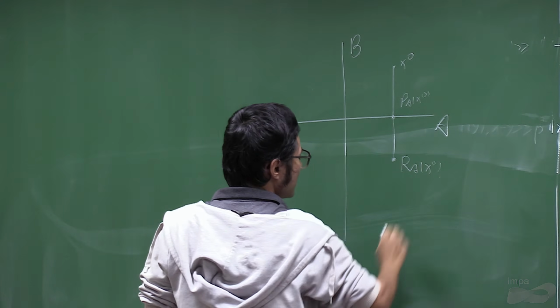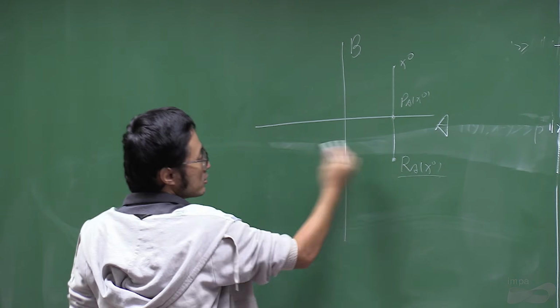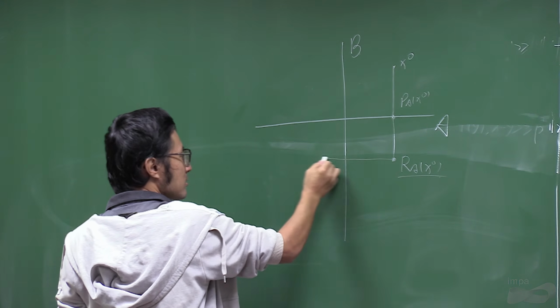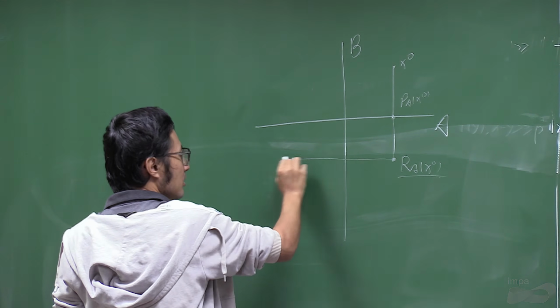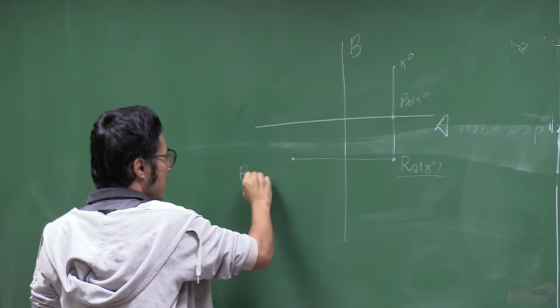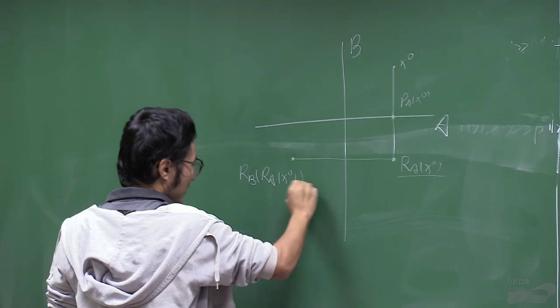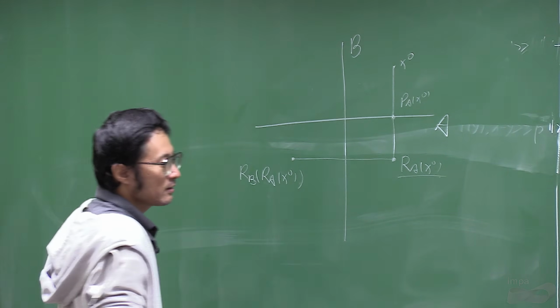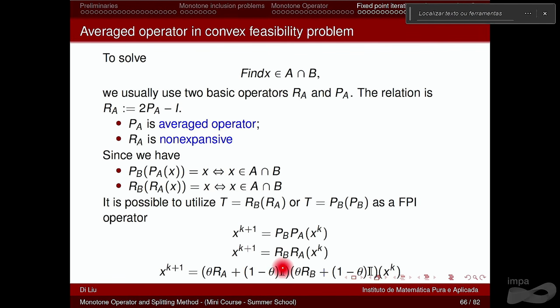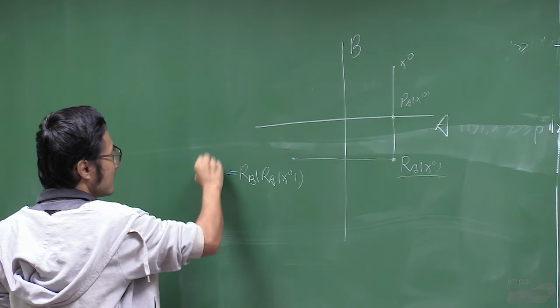After you get the first reflection, you do the reflection to B, so this point is RBRAx0. After one iteration, two compositions of reflection, we get the point here. We can call this point x1.